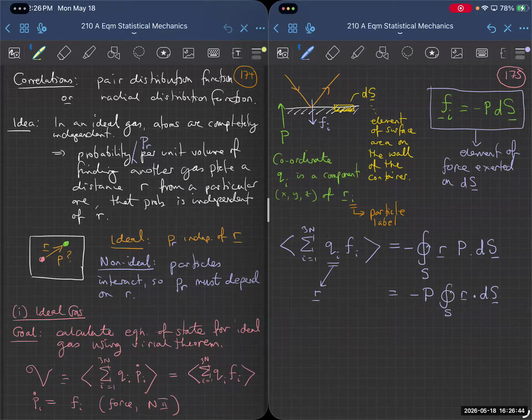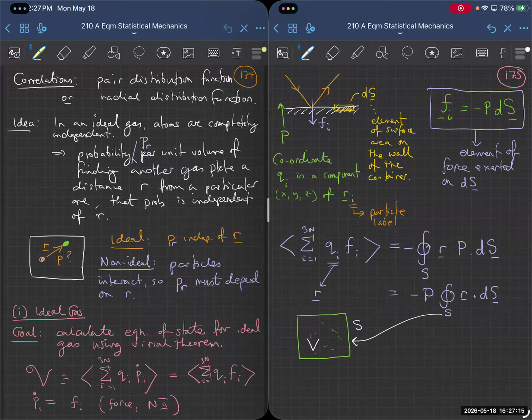Let me make sure you know what I'm integrating over. Here is my container, and I've got my particles inside, and now we're doing the integral over this surface. That is the surface area for this container with volume V. So that's what we're doing. Okay, so that's the first thing. I've turned the sum over i of qi Fi into an integral over the surface.